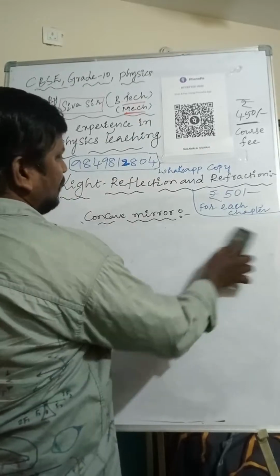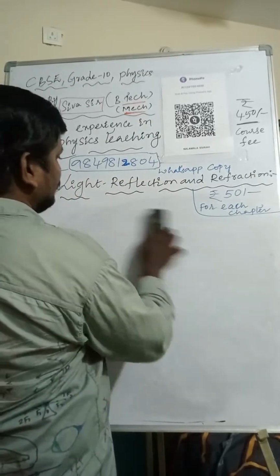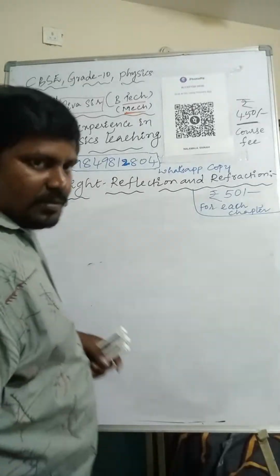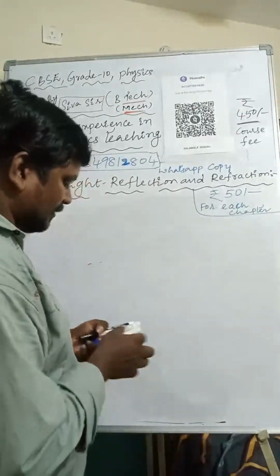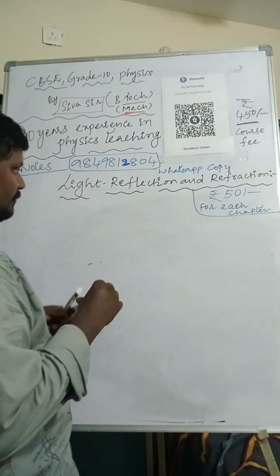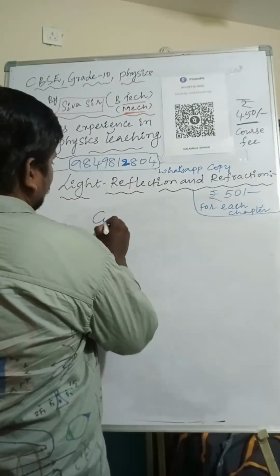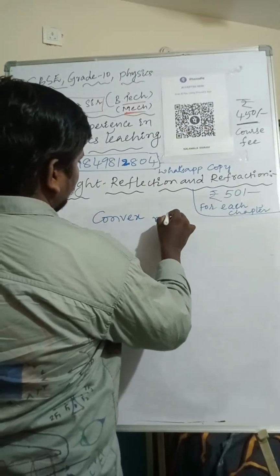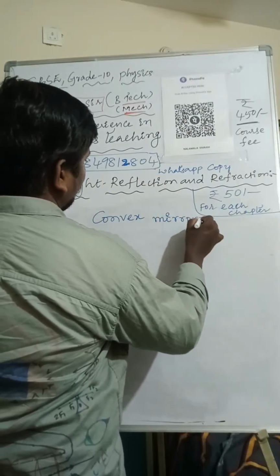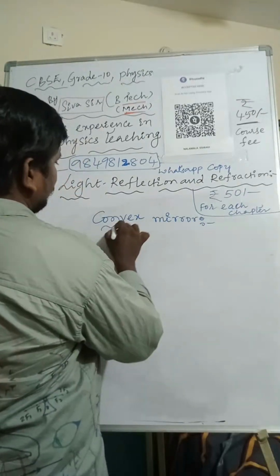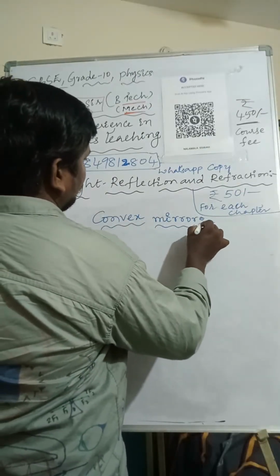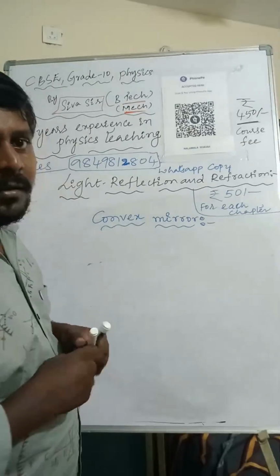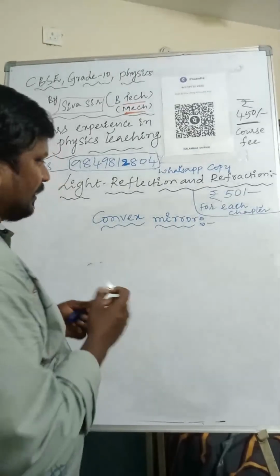So we'll go with the convex mirror. I'll explain the convex mirror. One light ray I'm taking like this.